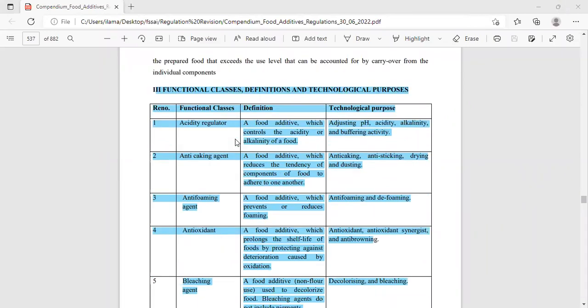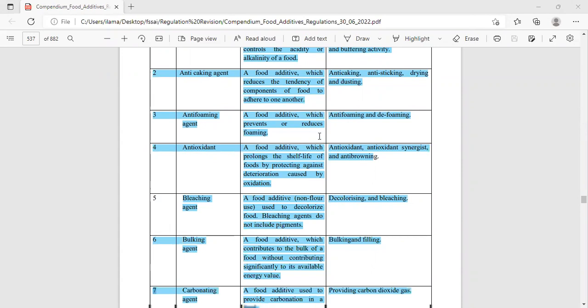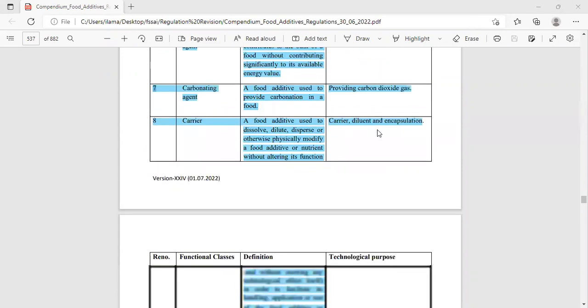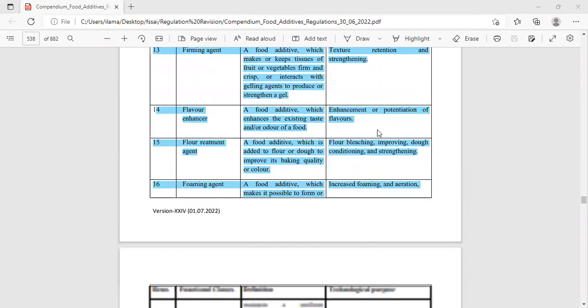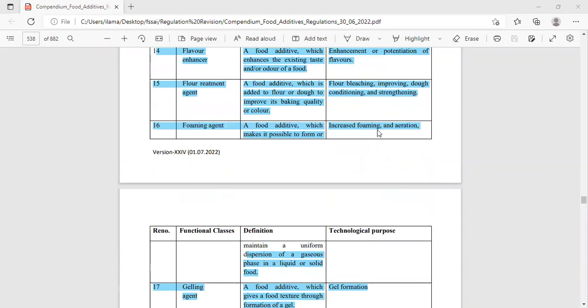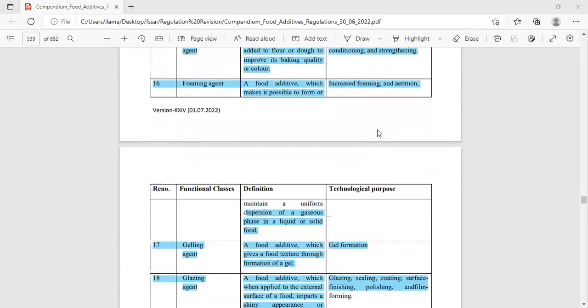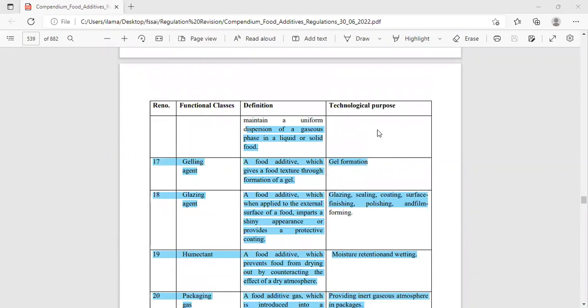Just go through what is acidity regulator, its definition, and for what purposes they are used. I just highlighted them. This is the definition as per FSSAI regulation. So generally you may understand from some perspective. Just read what is the exact definition for those functional classes.